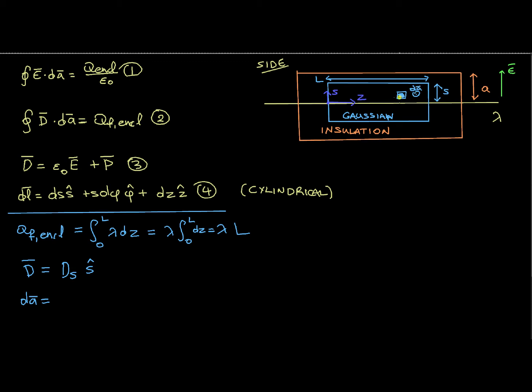Now, for the cylindrical coordinate system, this side of my small area will be dz, and this side will be s times d phi.